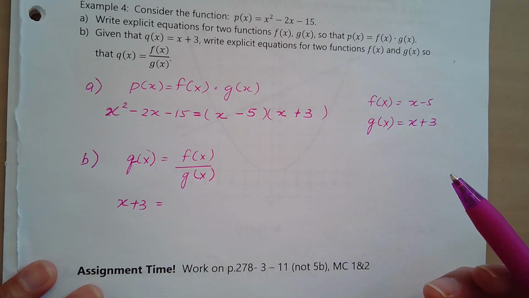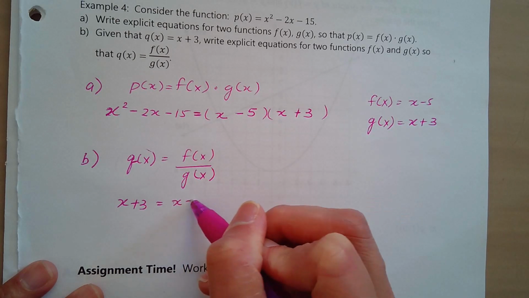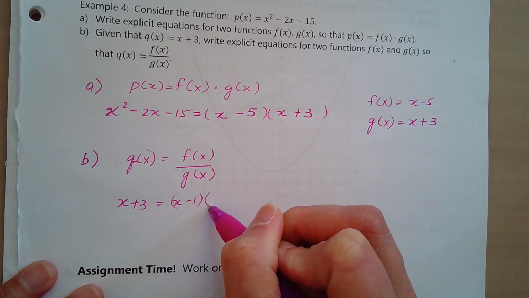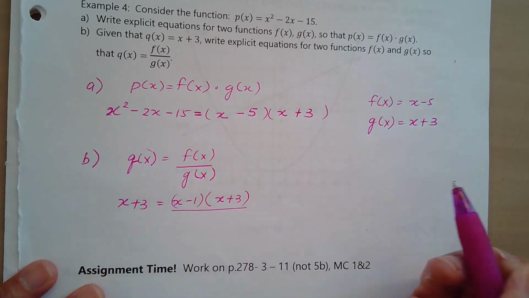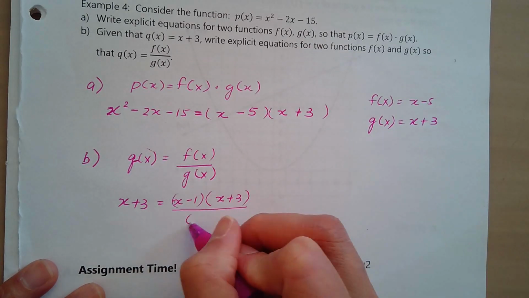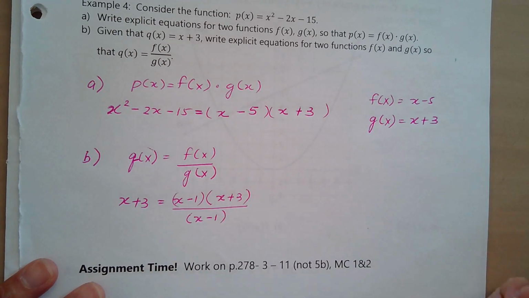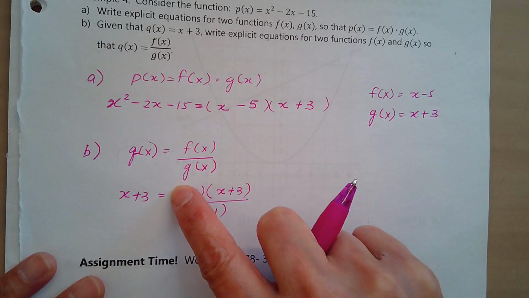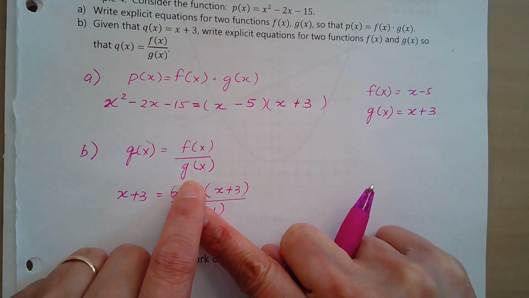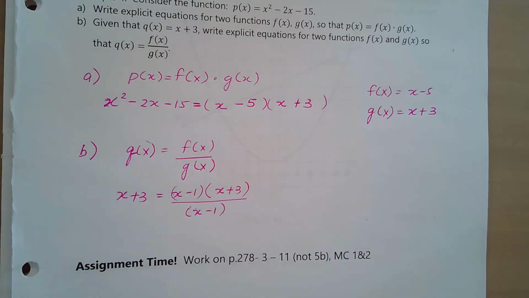So x minus 1 times x plus 3 over x minus 1. That works, right? Because x minus 1 and x minus 1 will cancel, and then you get the x plus 3 as a result.